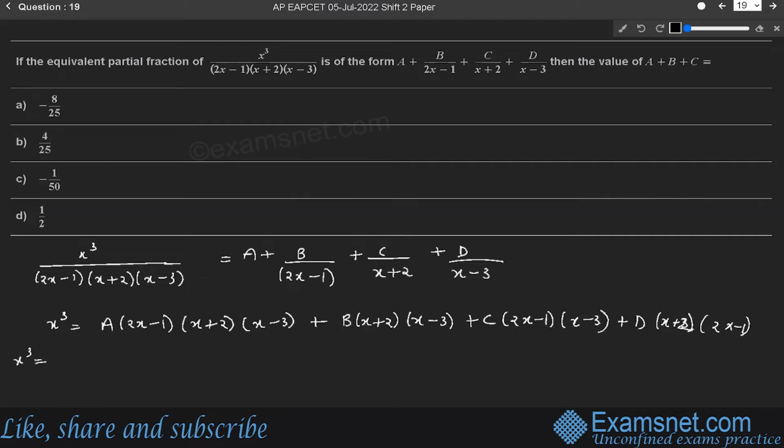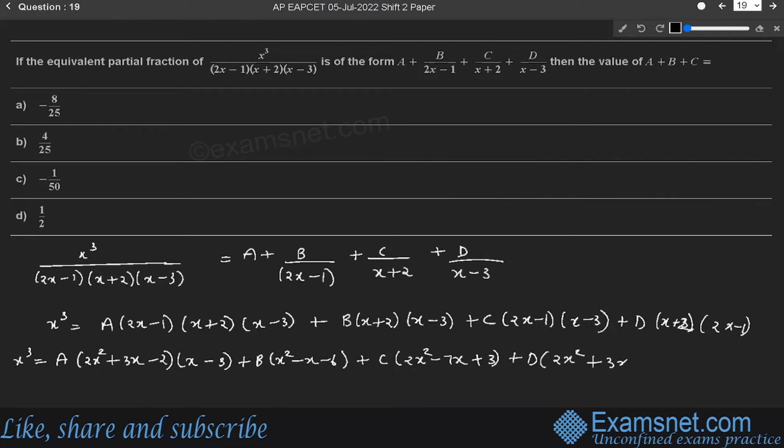Now x cube will be equal to a into (2x square plus 3x minus 2) into (x minus 3) plus b into (x square minus x minus 6) plus c into (2x square minus 7x plus 3) plus d into (2x square plus 3x minus 2).